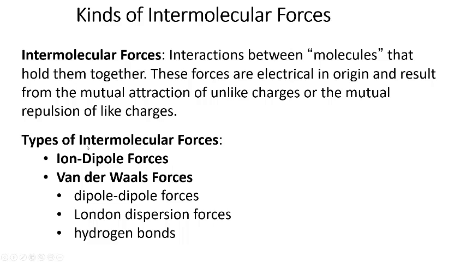And so our different types of intermolecular forces are ion-dipole forces, and then a classification called the van der Waals forces, which encompass dipole-dipole, London dispersion, and hydrogen bonding. We're going to go through all of these individual intermolecular forces and say how they help determine the attraction between molecules.